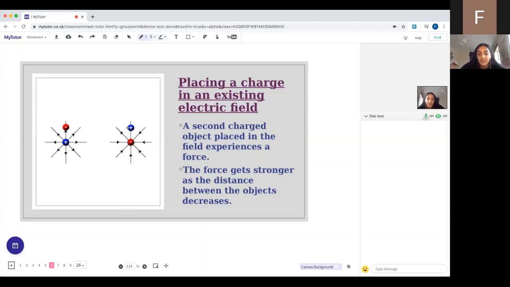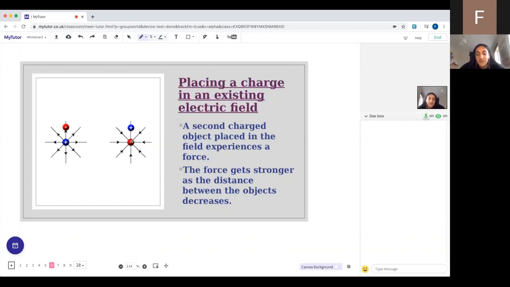Any charge that is placed in an existing electric field feels the electrostatic force. And again, the force gets stronger as the distance between the objects decreases. So if we're really close to the charge, where the lines are close together, the field is very strong.